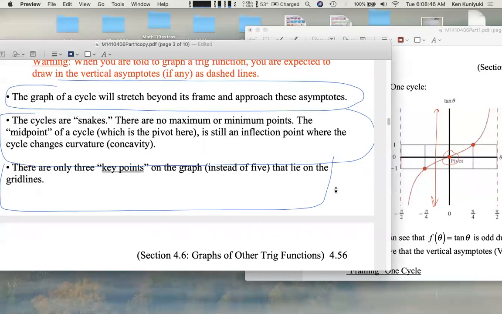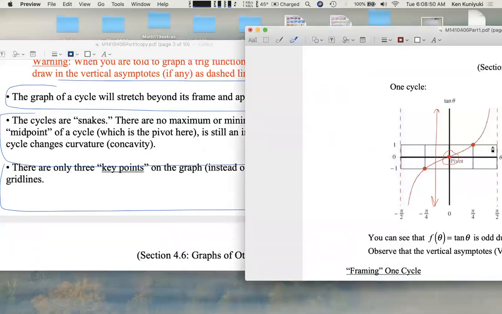For the tangent snakes that we draw, at least the way I do them, we get 3 key points and 2 VAs. Although if you move the pivot to the left center of the frame, like we did for sine and cosine, what ends up happening is that you get half a snake, a VA in the middle, and half a snake over here.